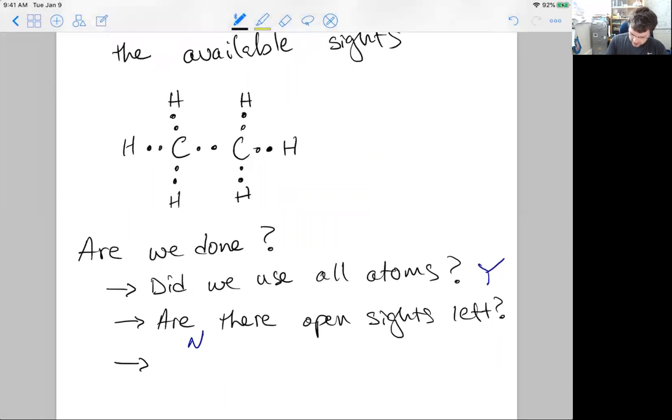Now the last check, and this check is quite important, it turns out, is: do all atoms satisfy the octet rule?